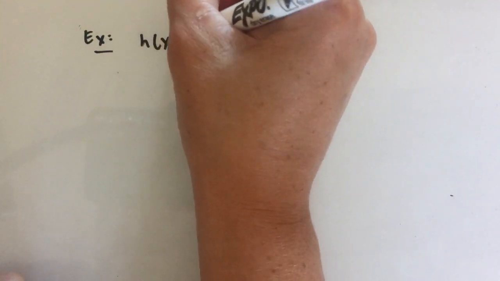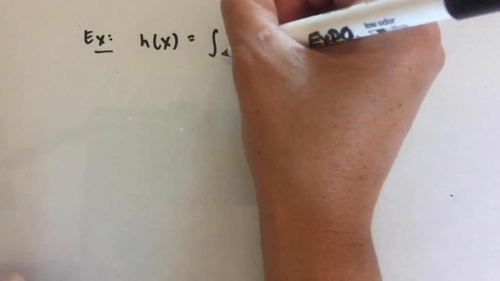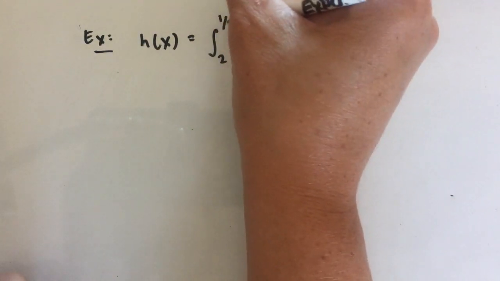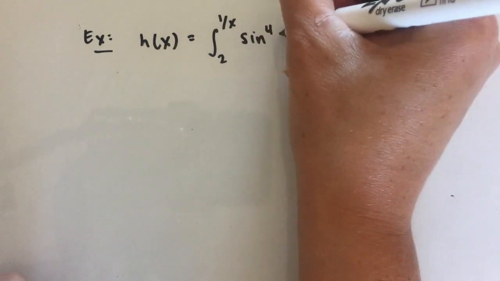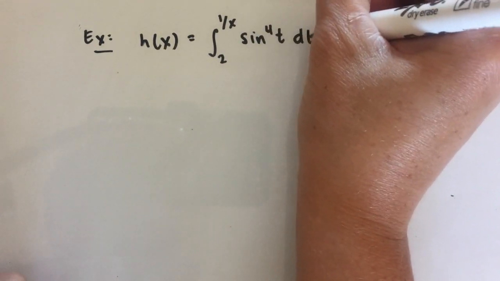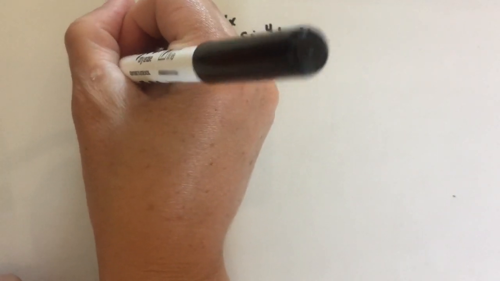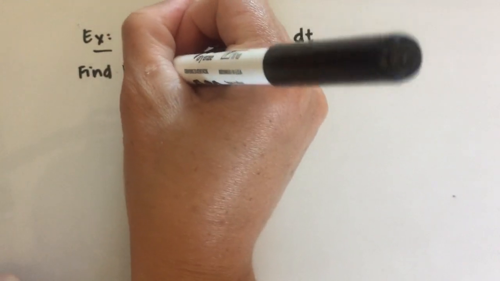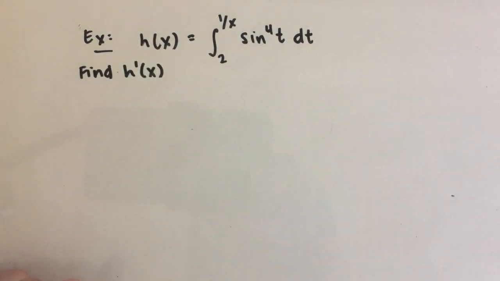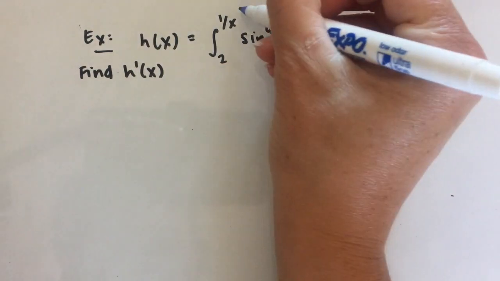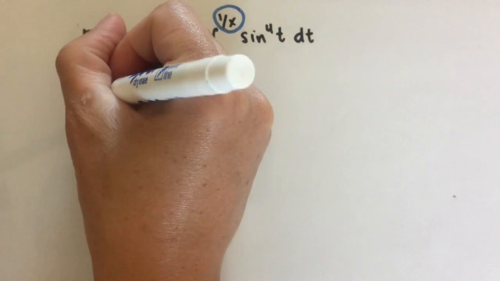For my next example, I have h of x equals the integral from 2 to 1 over x of sine to the 4 of t dt. And we want to find h prime of x. Since our upper limit here is 1 divided by x rather than just x, we're going to want to use substitution.